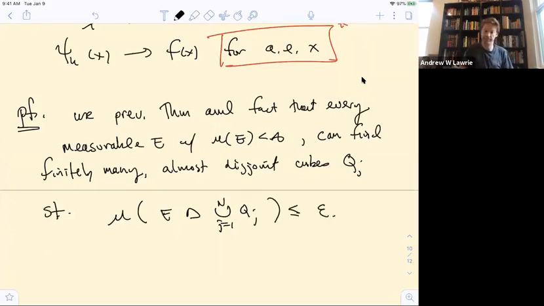For every measurable set and every epsilon bigger than 0, you can find such a collection of cubes.